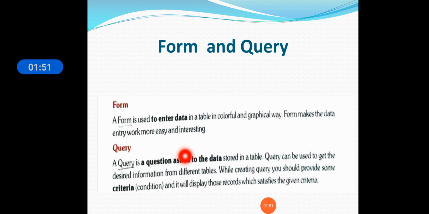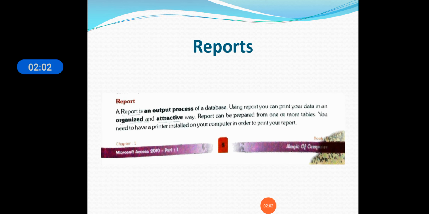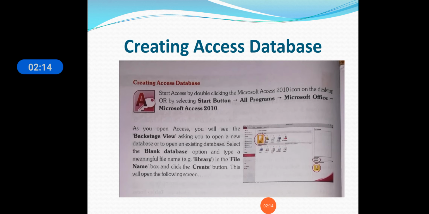A query is a question asked to the database, to satisfy a given condition. Reports, this also we have studied. A report is an output process of a database. You can get the printout organized in an attractive way.